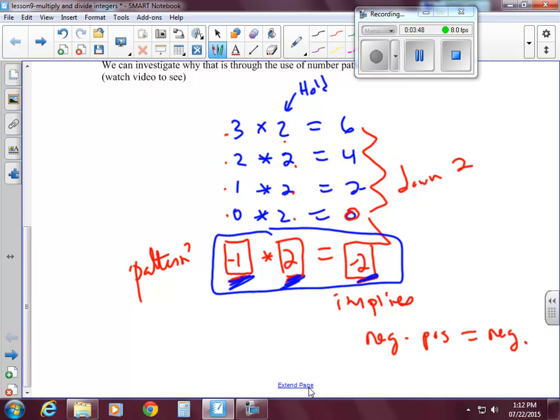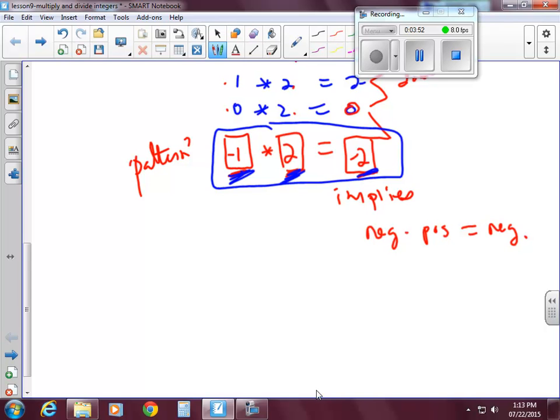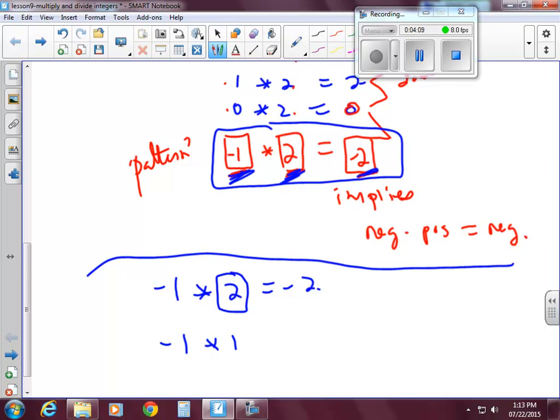And in a very similar manner, what you can do then is extend that from there. Now if you believe that -1 times 2 is -2, then what you can do is start changing this number. Take it down by 1. -1 times 1 would have to equal -1, because anything times 1 is itself.